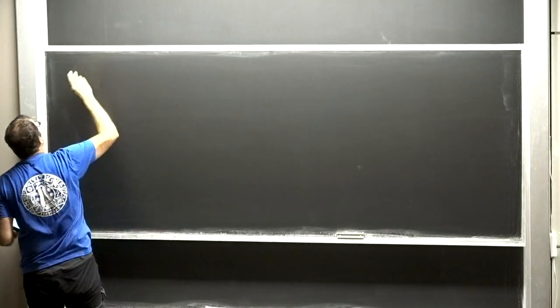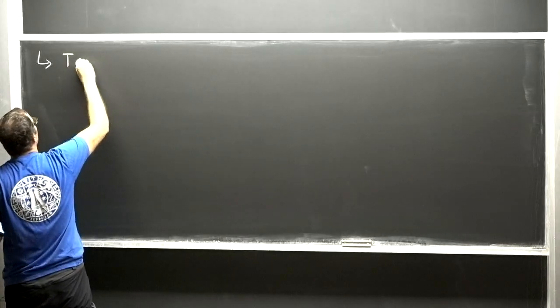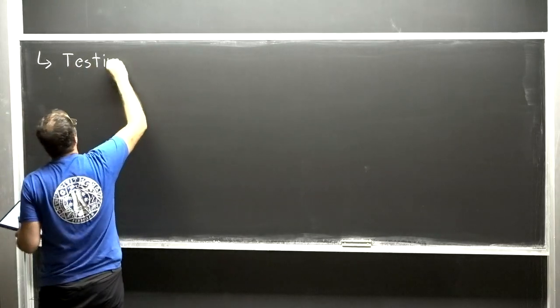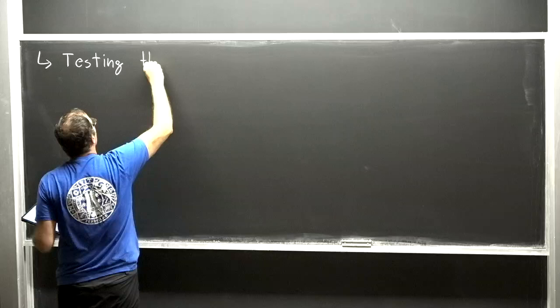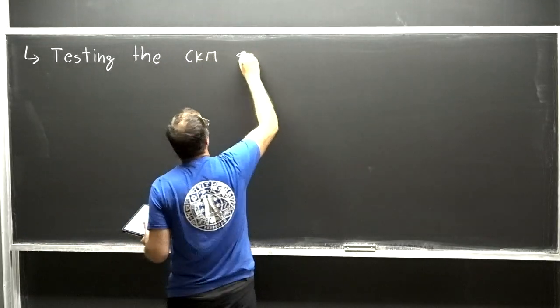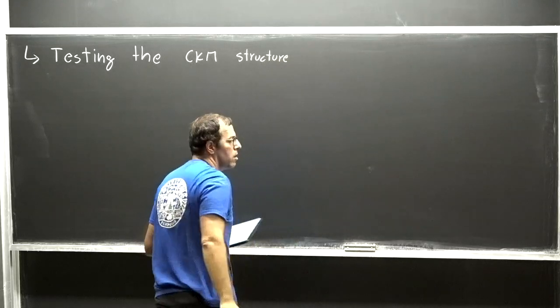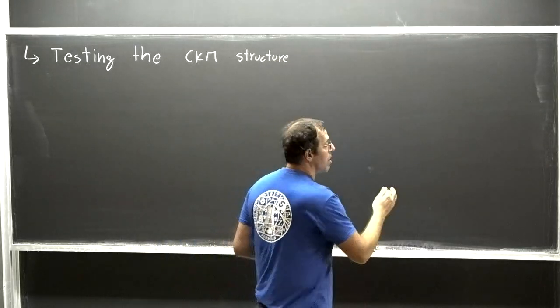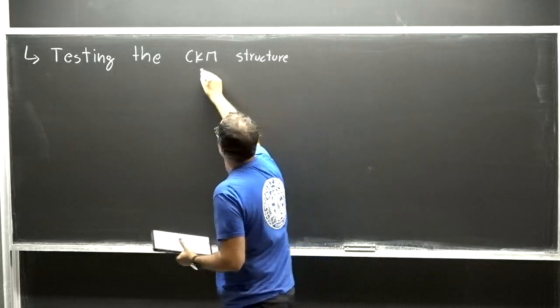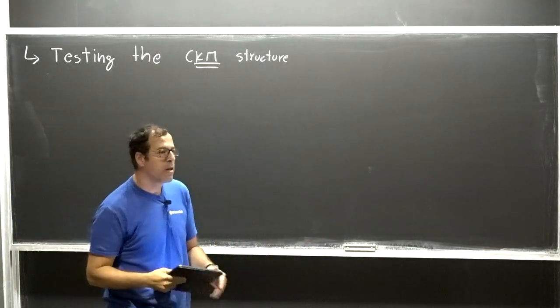So that's really the goal of today's lecture, the CKM structure. Sometimes this is also called testing the KM, the Kobayashi-Maskawa mechanism. I didn't comment on this.